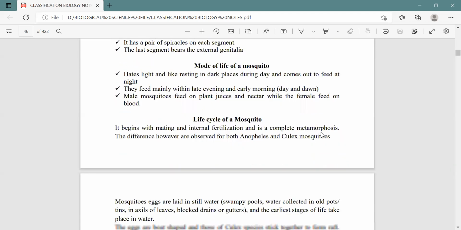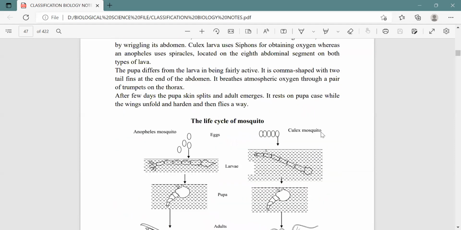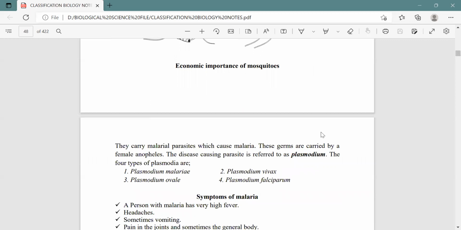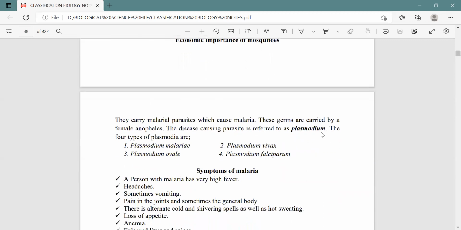So the life cycle of a mosquito is given here, but my interest is in economic importance. Because there are many species of Plasmodium. Plasmodium are the malarial parasites.